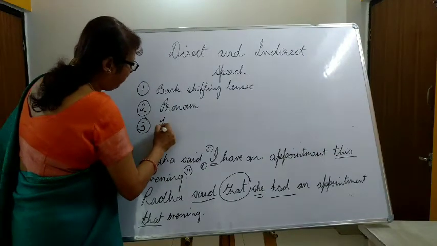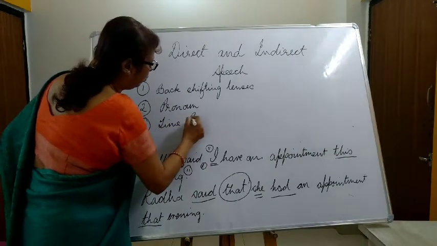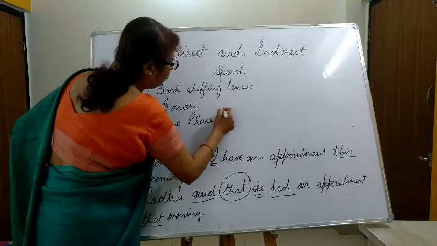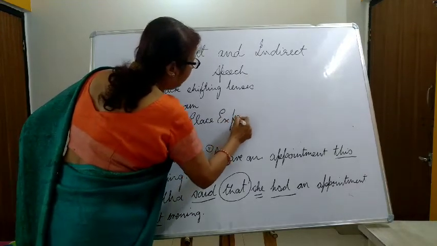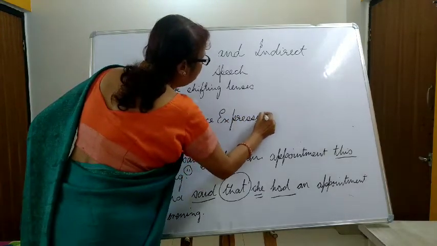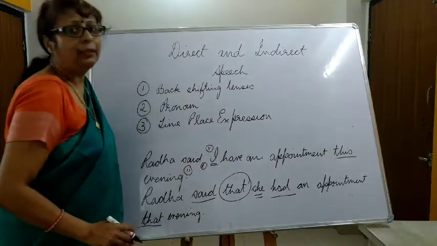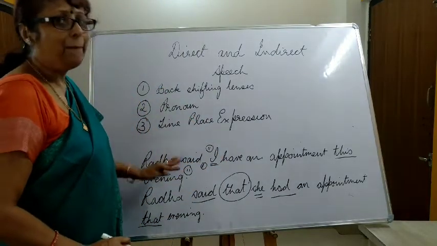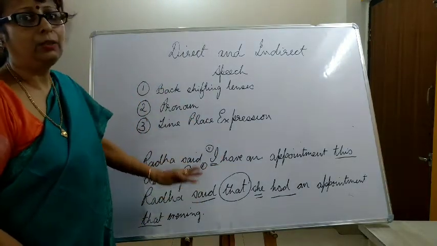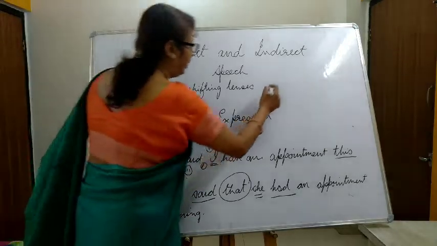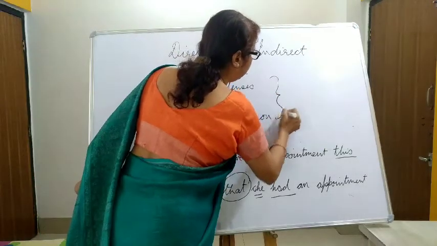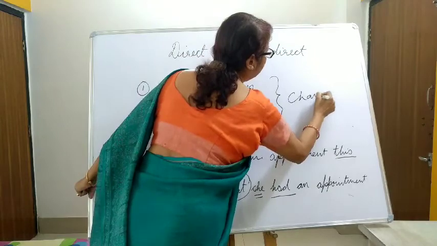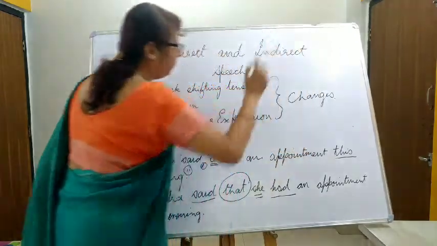So time and place expressions also change. Okay, so these are the 3 most important changes that are made when you change a sentence from direct to indirect speech. So these 3 changes you have to keep in mind.